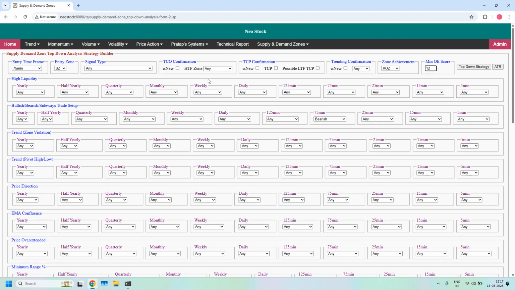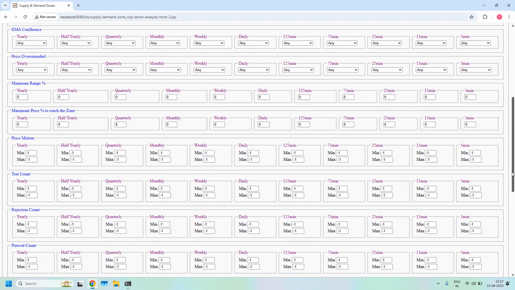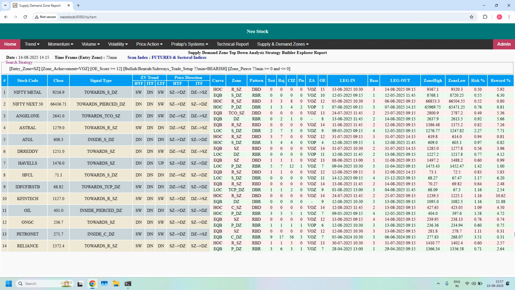And also the third filter, 75 minute supply zone should not be pierced. So in the pierced count parameter, at 75 minutes time frame, minimum value 0, maximum value 0. With these filters, we got 14 stocks.